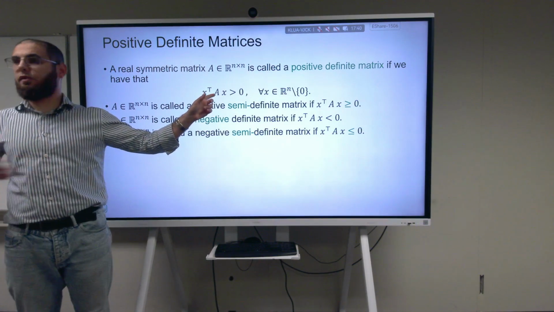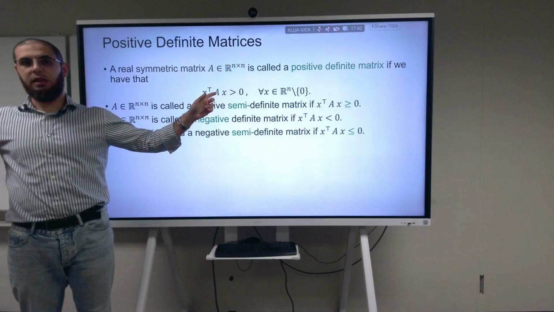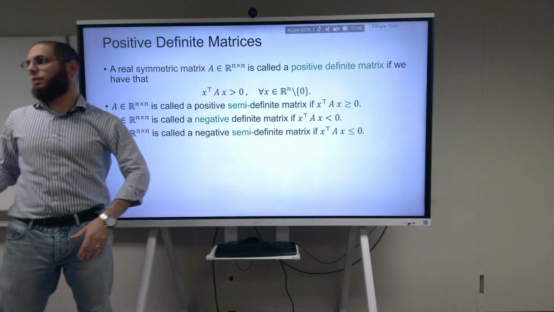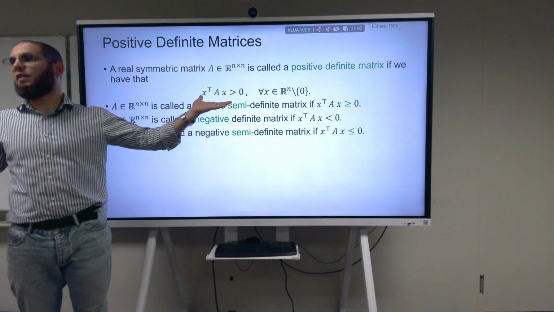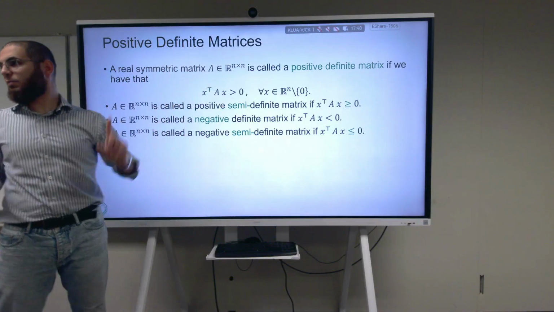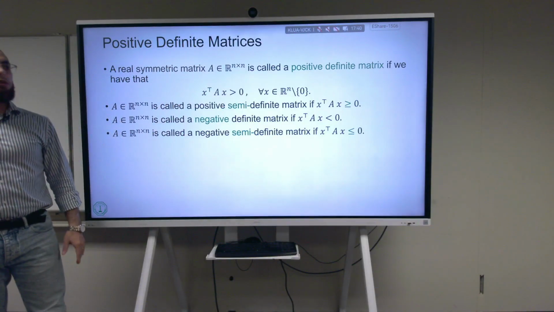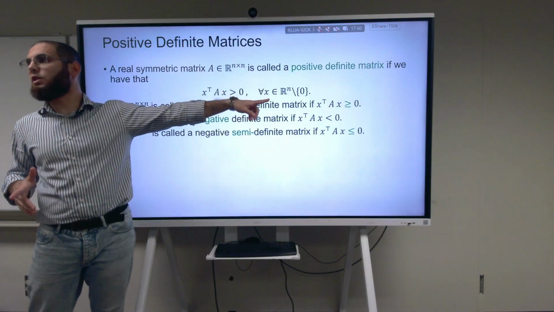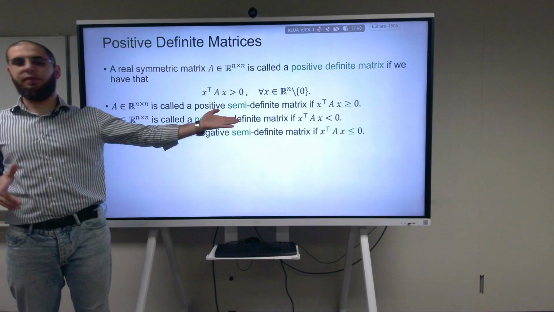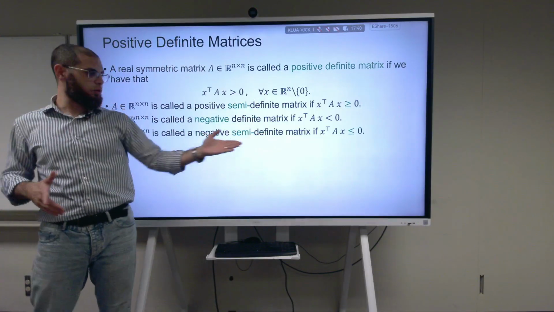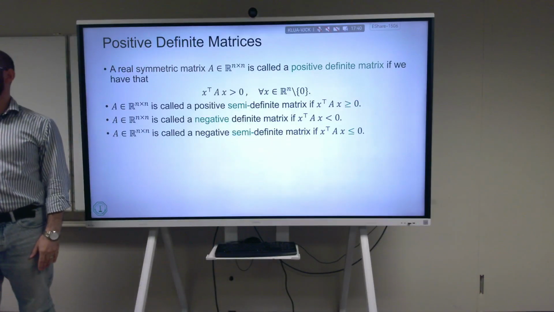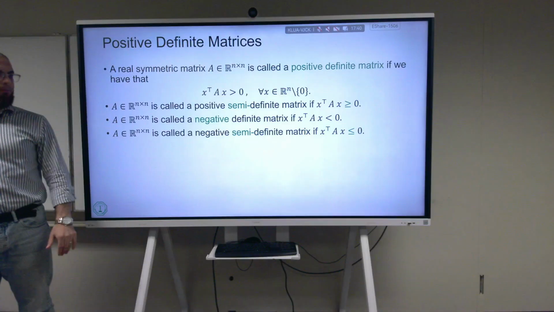But if I plug in any other vector in Rn, I should always get a positive value. If that's the case, we say that A is a positive definite matrix. Make sense? If it's greater than or equal to 0, positive semi-definite. If it's less than 0, negative definite. Less than or equal to 0, negative semi-definite. Make sense? Okay?